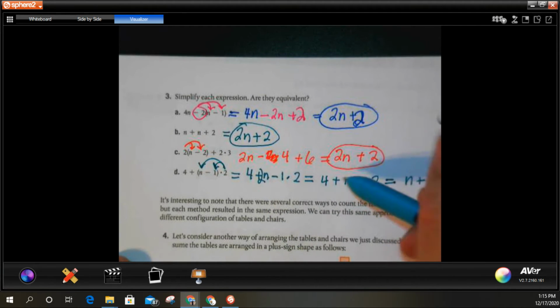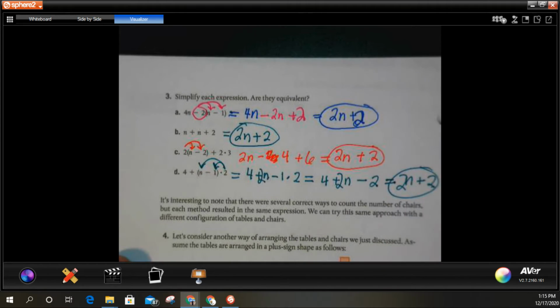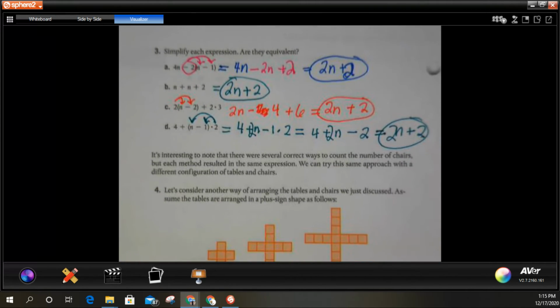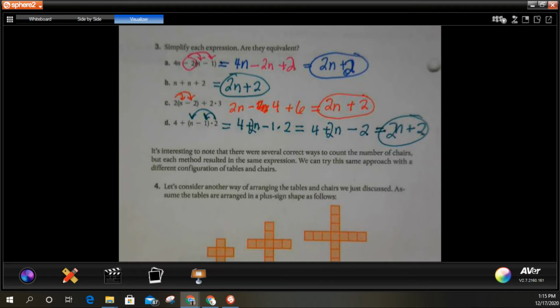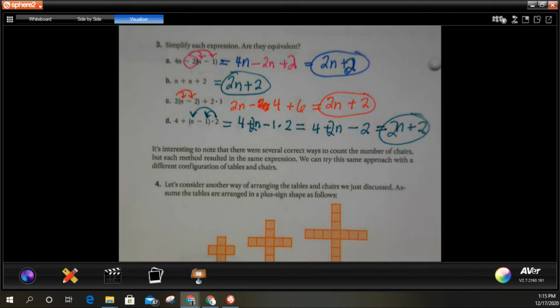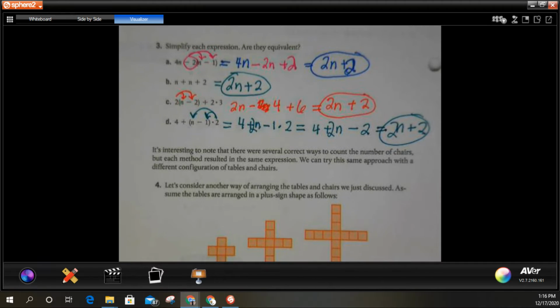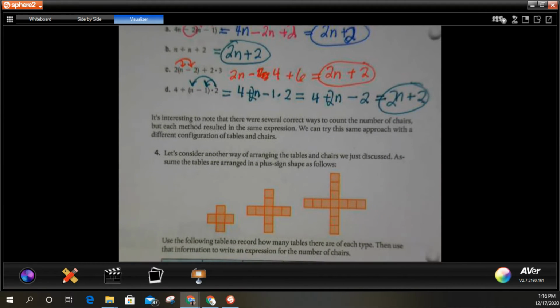Okay, let's consider another way of arranging the tables and chairs. Just discuss. Assume the tables are arranged in a plus shape as follows. Okay, number of tables with 0 chairs. Use the following table to determine each thing. Assume tables are in plus sign.